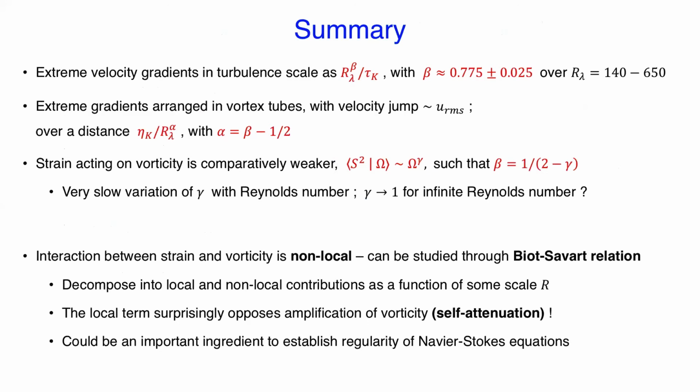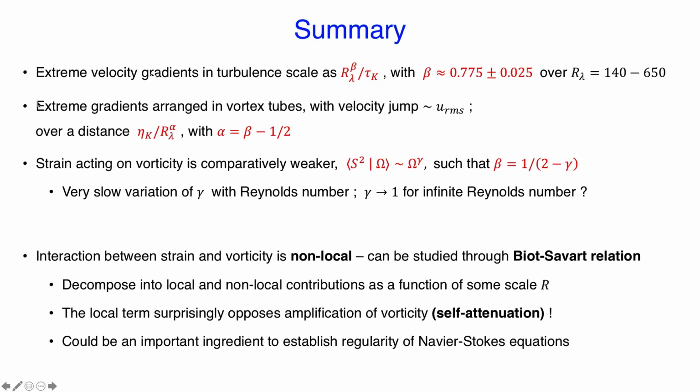To briefly summarize the first part of my talk, we saw that the extreme gradients in turbulence scale as R lambda to the power beta divided by the Kolmogorov time scale, where beta is about 0.775 over the Reynolds number range of 140 to 650.